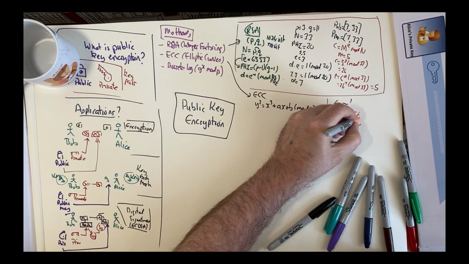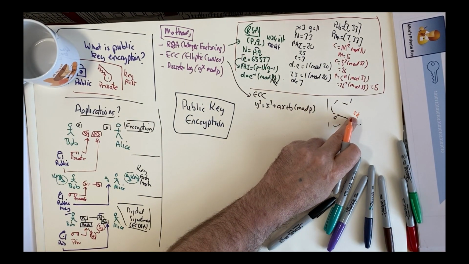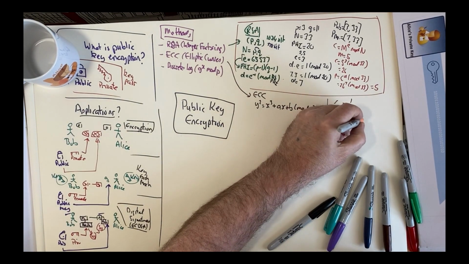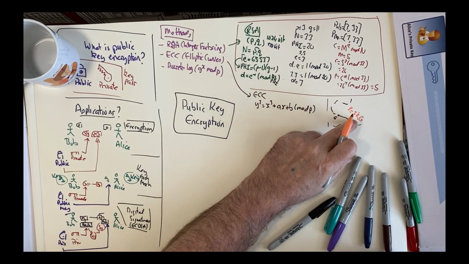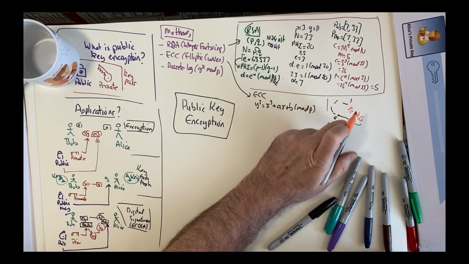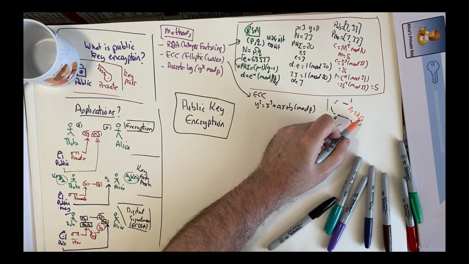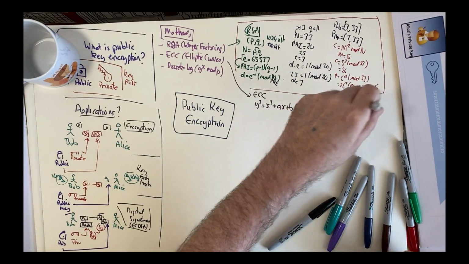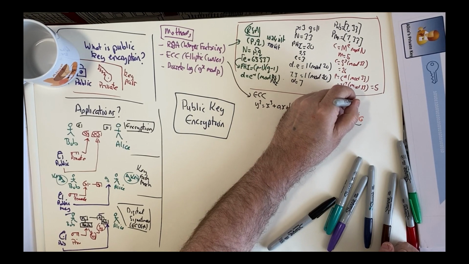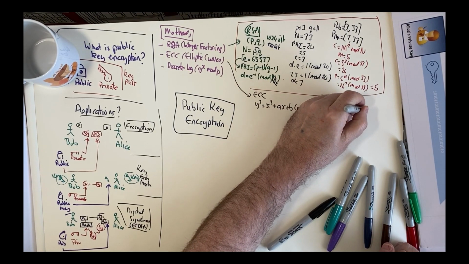Let's call it SK, and SK is a random value that we select for our private key. We then create our public key by adding this point SK times. It's equivalent to multiplication. But let's say we add G SK times, and we now get our public key, which is this one.